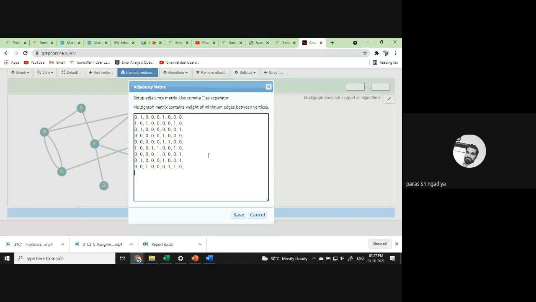So just one. A multigraph matrix contains the weight of the minimum edge between the vertices. What is the meaning of multigraph? The graph contains more than one edge, meaning parallel edges. So it contains the minimum edge, and it considers it as only one.